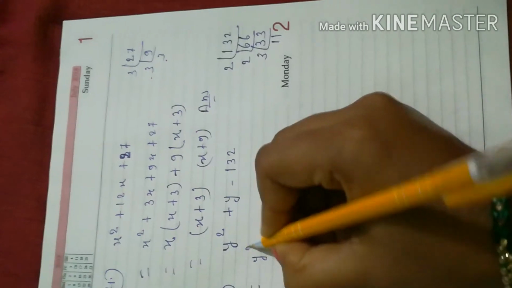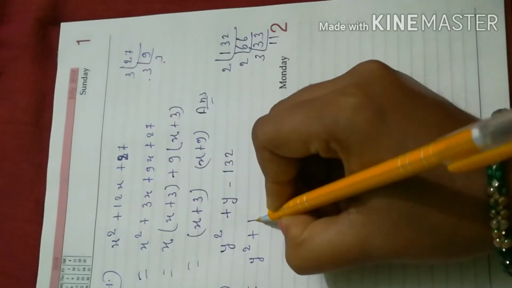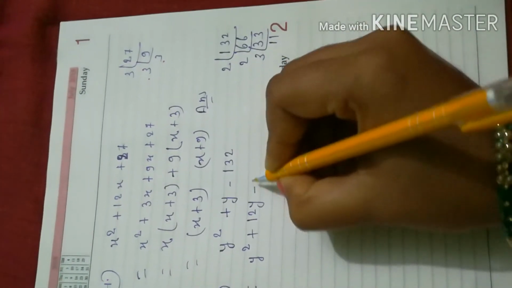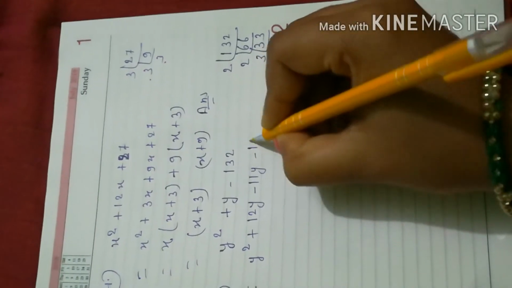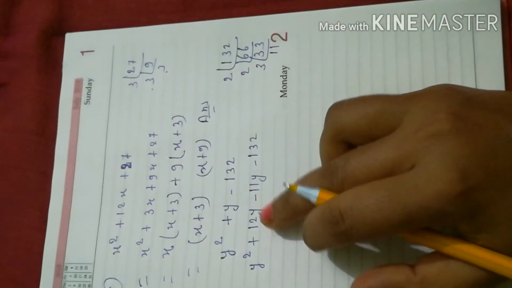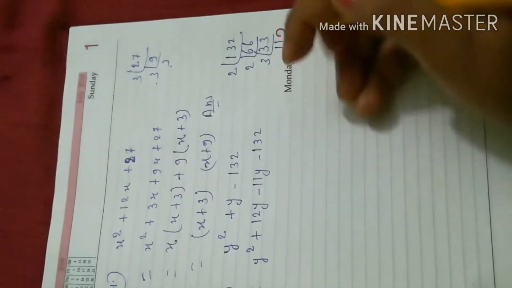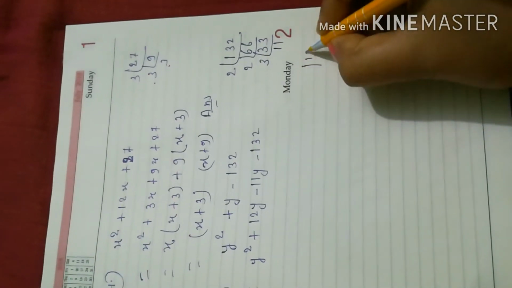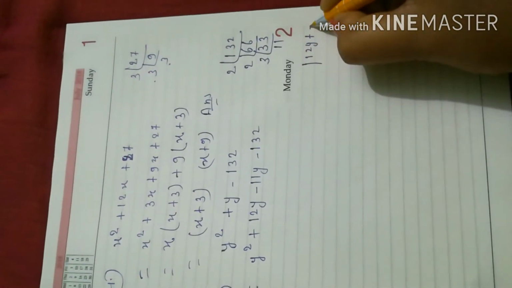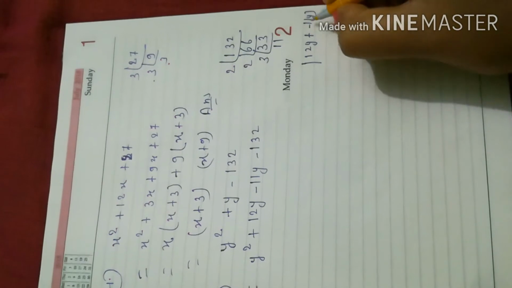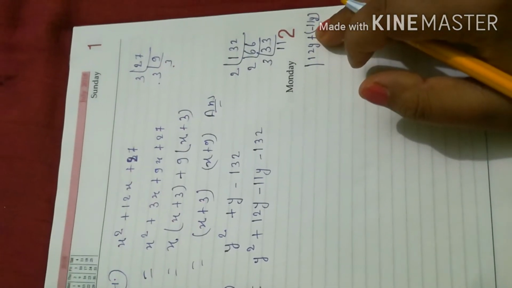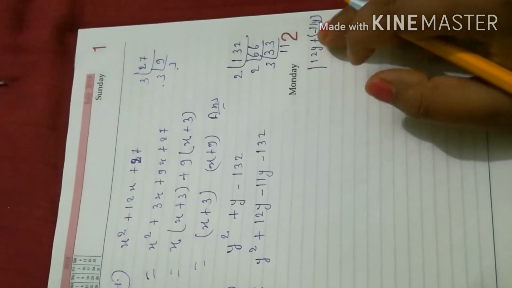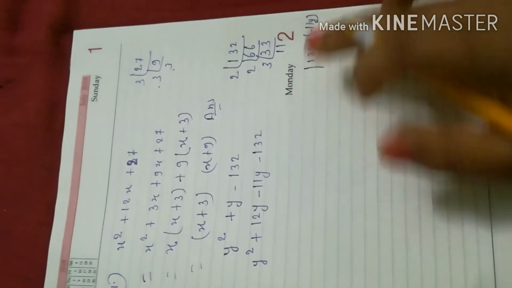So we can write y square plus 12y minus 11y minus 132. Here I am writing 12y minus 11y, but if you want, you can write 12y plus, in bracket, minus 11y, and if you simplify it then you will get 12y plus minus 11y.